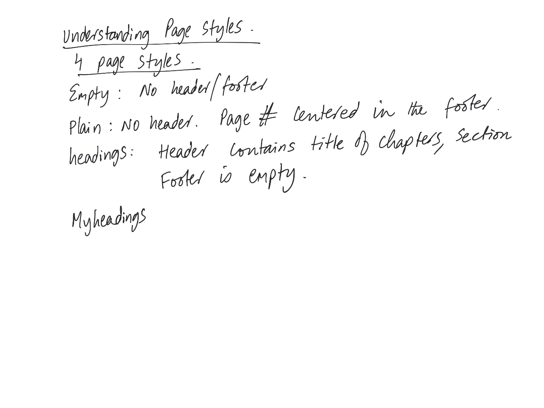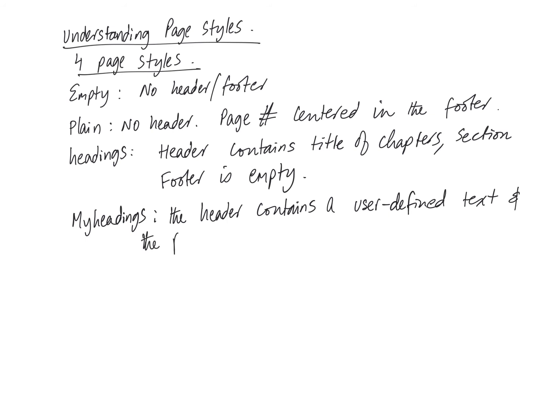Again, you just use small letters, even if I've written a capital letter, just change it to small. The header contains user-defined text and the page number. The footer is empty.